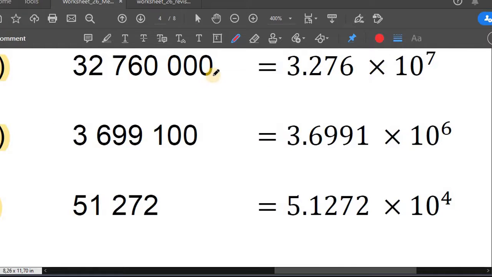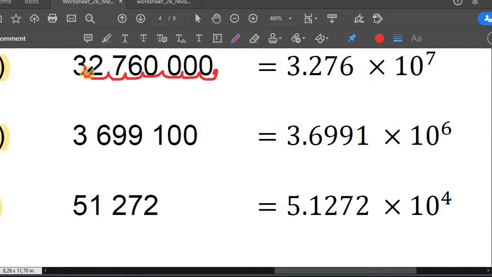Even here, when you're faced with this, remember your comma, or your point, is there. Then we need to move from there. Let's count. 1, 2, 3, 4, 5, 6, 7.